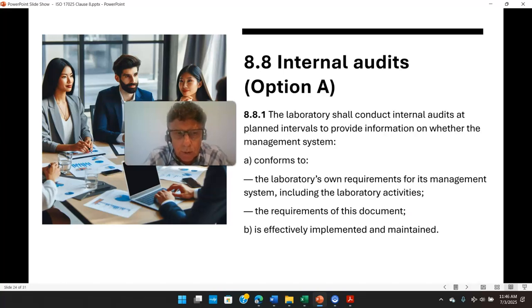of the standard. There's a lot of nonconformities I see in this area as an auditor, where I'll see an internal audit and it doesn't have a checklist, isn't being used where you're looking at all the clause elements of the standard. That is a requirement according to section 8.8.1a, that you audit to the clause elements of the standard, that the requirements of this document are audited, and that it is effectively implemented and maintained.